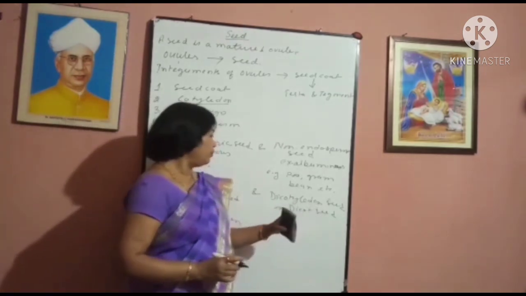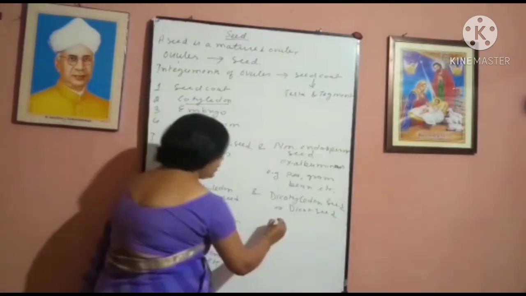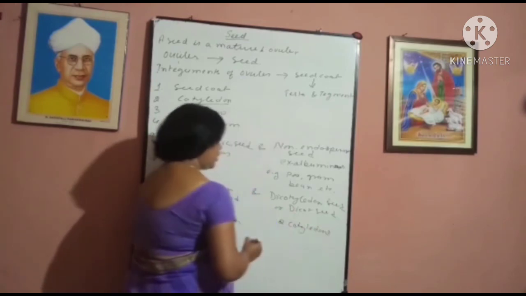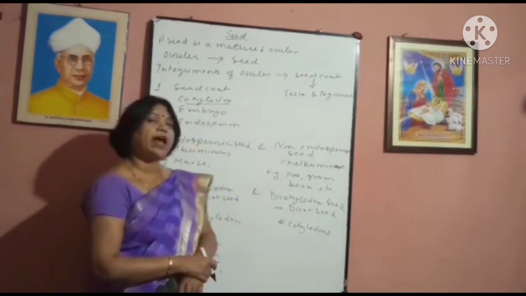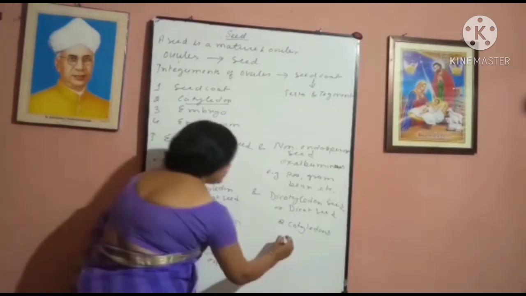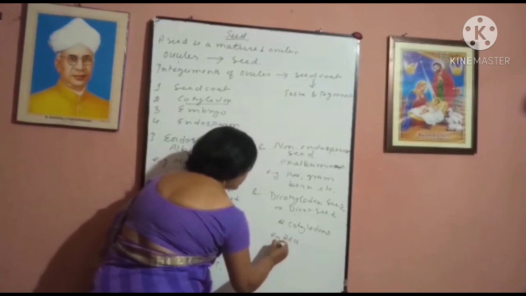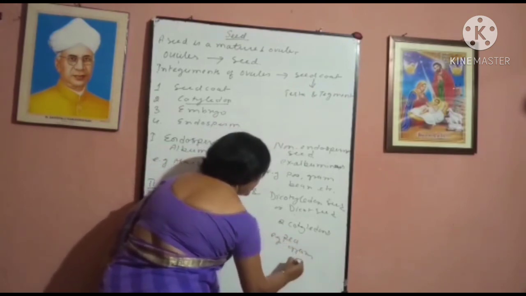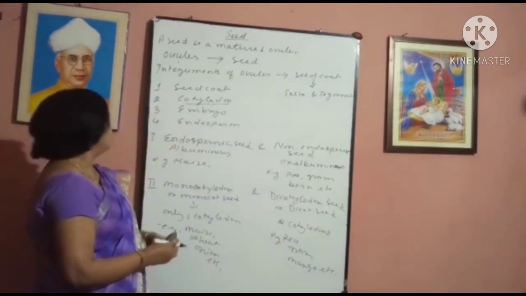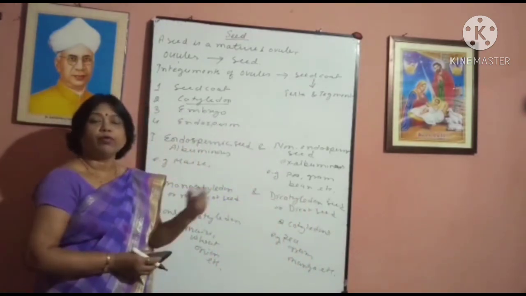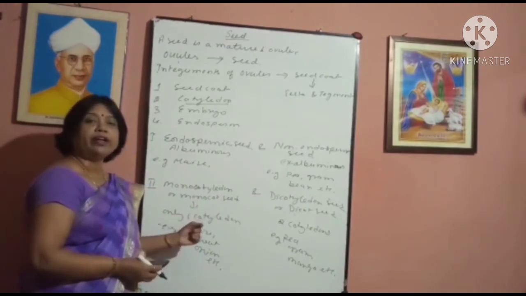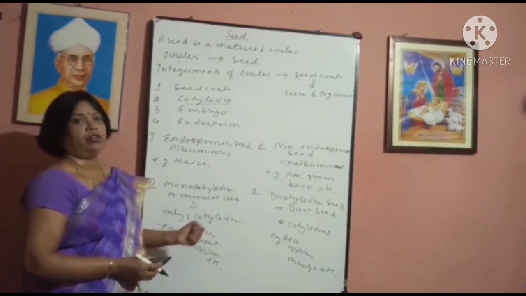Those seeds in which two cotyledons are present are known as dicot seed, such as pea, gram, mango, etc. In monocot seed, food is stored in the endosperm, so the cotyledon is either thick or thin.